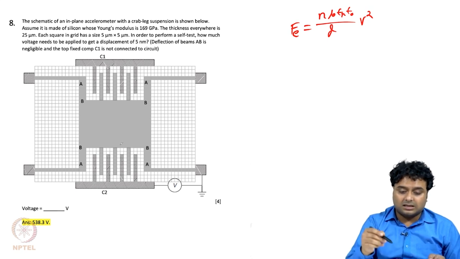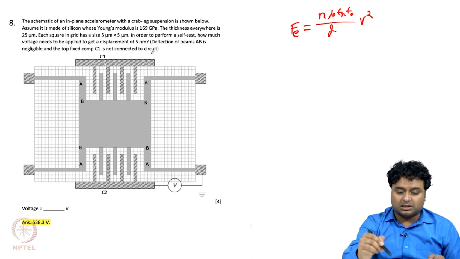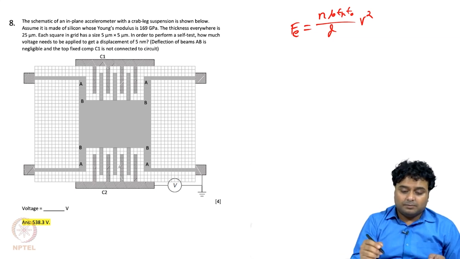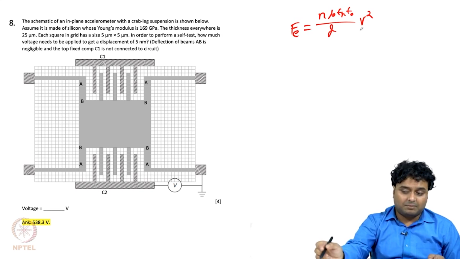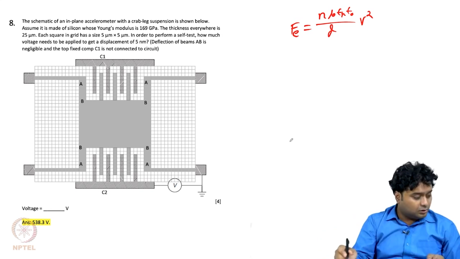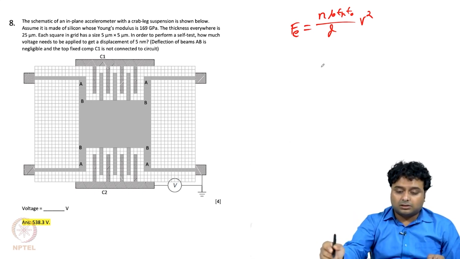But in this case, as I have mentioned, C1 is not connected to the circuit, so ultimately we have to consider only 3 combs. b is the breadth and d is the gap between the combs, and V is the applied potential. So this is the electrostatic force. And what is the elastic force? Elastic force is Kx, but we need to calculate the effective stiffness constant.